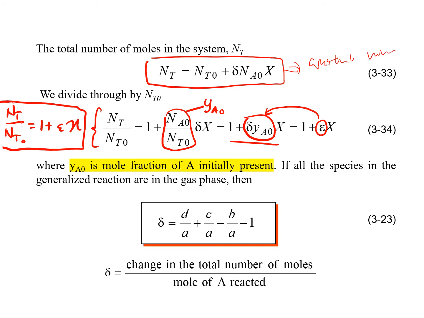Whereby del here, if you still remember, is represented with this equation. Okay, still the same like constant volume. It's just that there is a new term which is the epsilon. Okay, so you need to remember N T over N T naught.